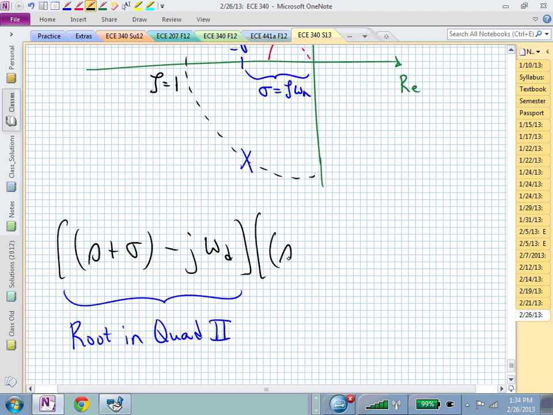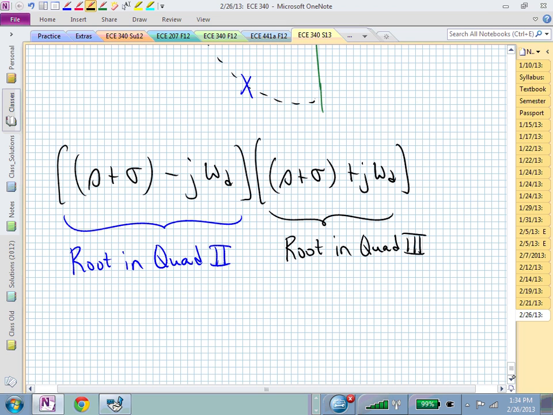Then its twin downstairs is given by that factor. This is the root in quadrant 3. If we now multiply those out, we have s plus sigma squared.